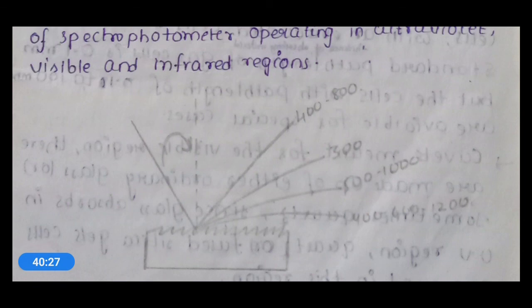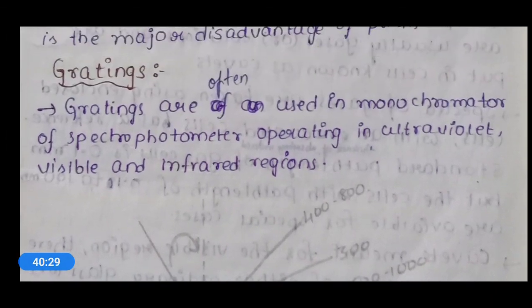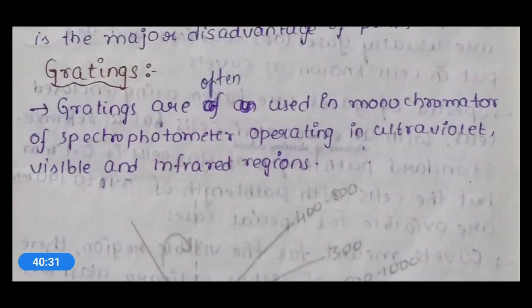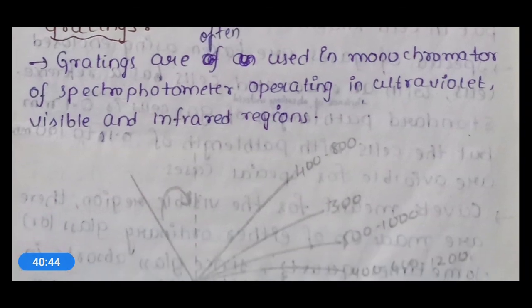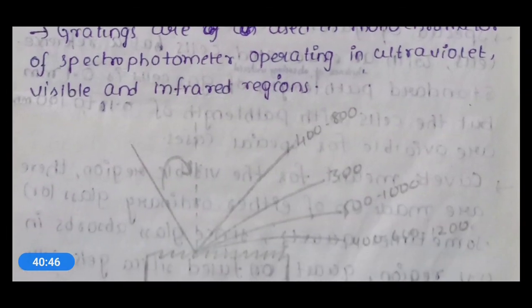Okay, and gratings are often used in the monochromator of a spectrophotometer operating in UV visible spectrophotometry, and also in the infrared regions. So gratings are meant for ultraviolet, visible, and infrared spectrophotometry.